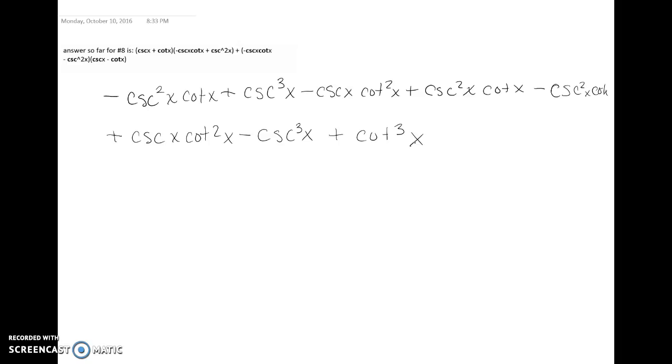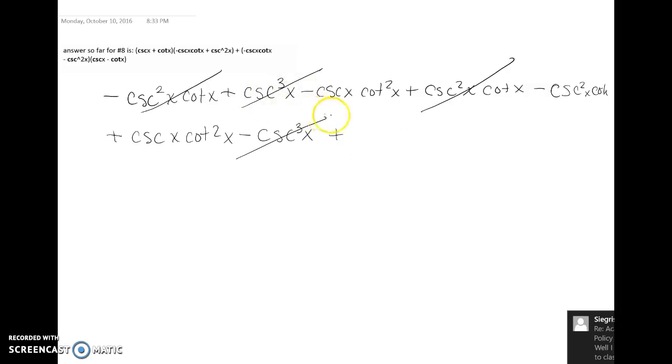Okay, and now we want to simplify things. So here we have a negative cosecant cotangent, and here we have a positive one. So those two are going to cancel out. Here we have cosecant cubed and a negative cosecant cubed. Oh, sorry, this last one should not be cotangent cubed. It should be negative cosecant squared of x cotangent of x.